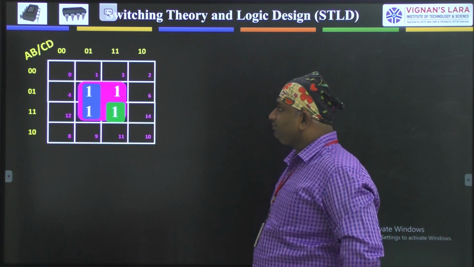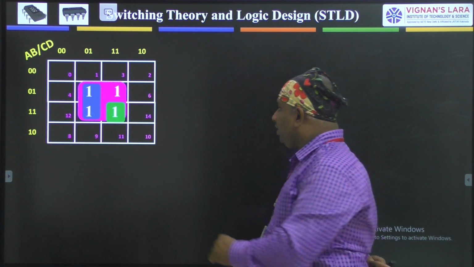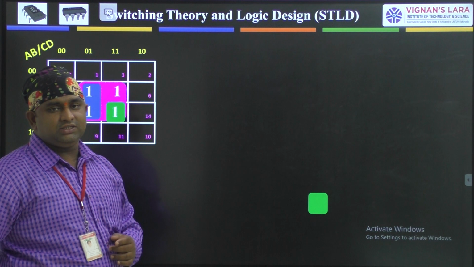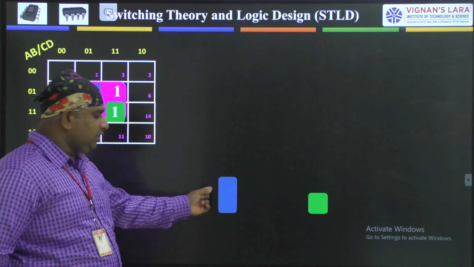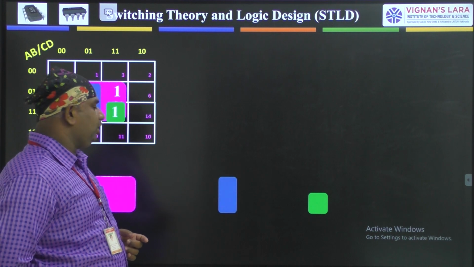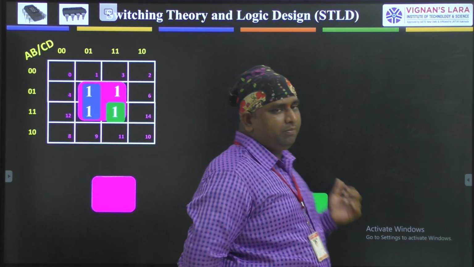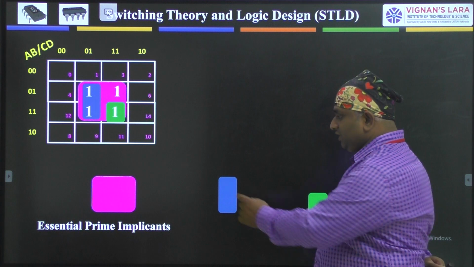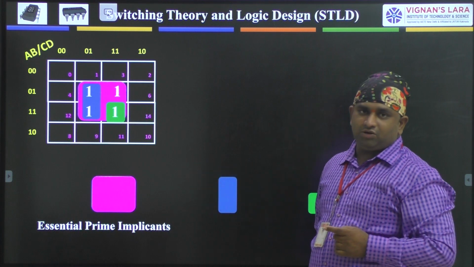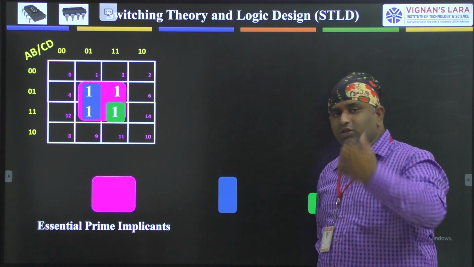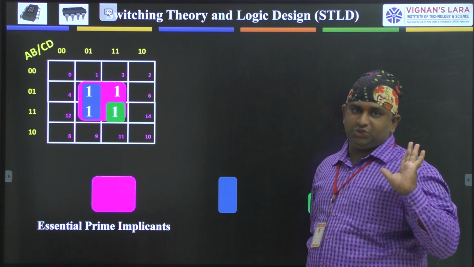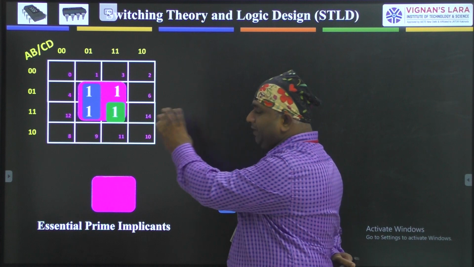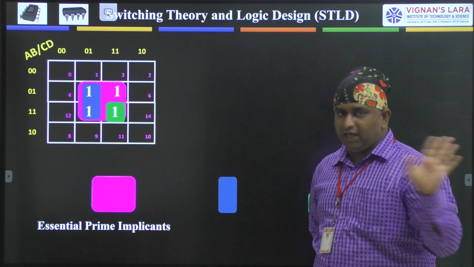Coming to the first one, take this green box: it is called a minterm. This blue box is called a pair, and that pink box is called an essential prime implicant. The pink quad is called an essential prime implicant because all the terms are covered at least once. If you make that pink group, there is no necessity of doing the other groups.